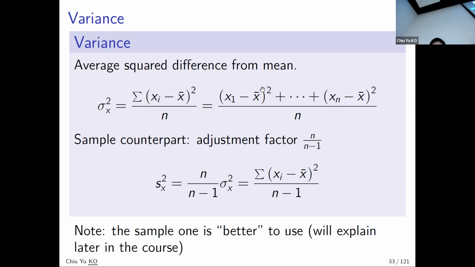The first question that comes to your mind is why we have to use the square. Why don't we just use the absolute value? The answer is, yes, there is a measurement using absolute value. The reason we use the square instead of the absolute value is that if you learned calculus, when you have a square, it is differentiable, while the absolute value is not differentiable.